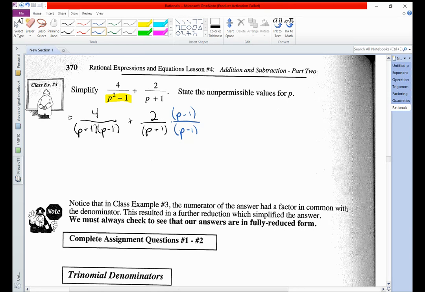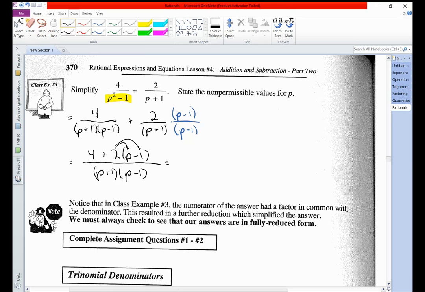And so now I can rewrite that whole equation over that common denominator, p plus 1, p minus 1. And now I have 4 plus 2 multiplied by p minus 1. And we can simplify that.